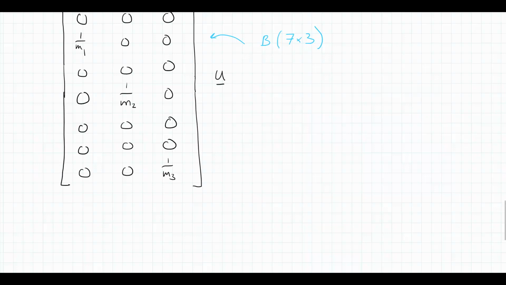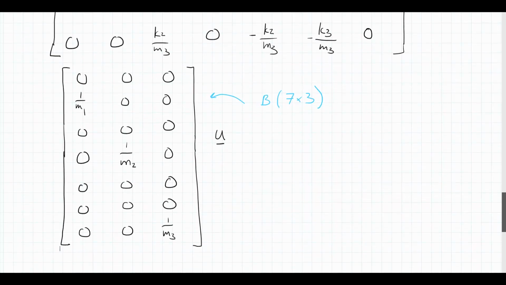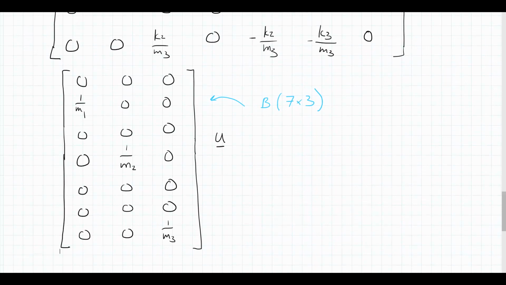So let's look at this B all at once. This is my 7 by 3 B matrix. Notice, again, 3 columns, 7 rows, and we got these also from the 4 equations of motion, 3 mapping equations. Now, normally I would write this all on one line. It's just that these are very large and just don't all fit together.